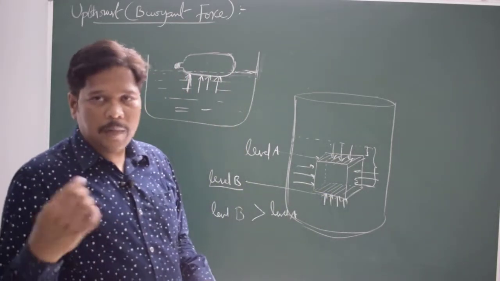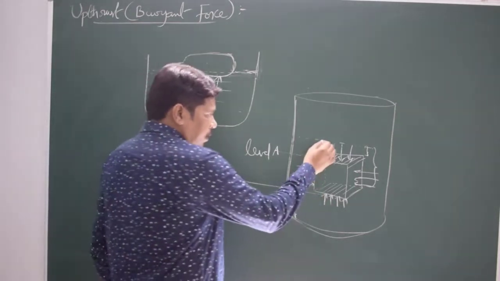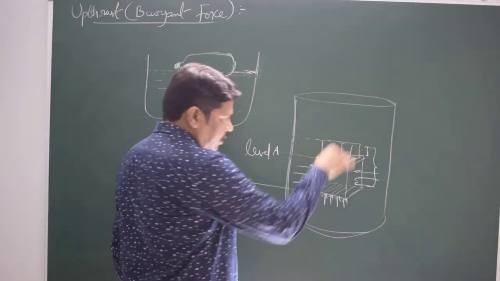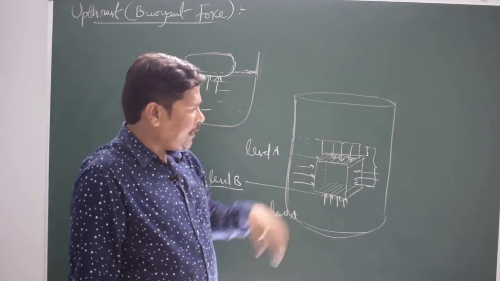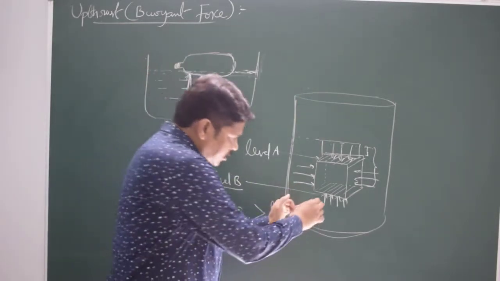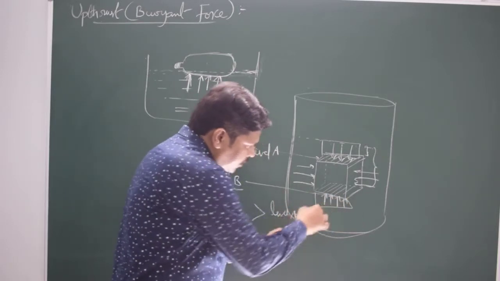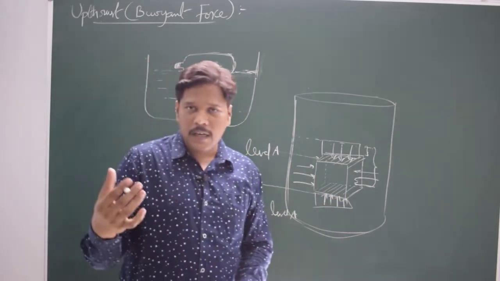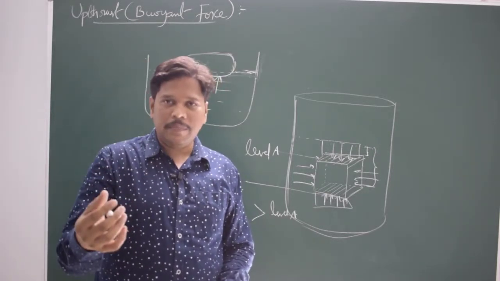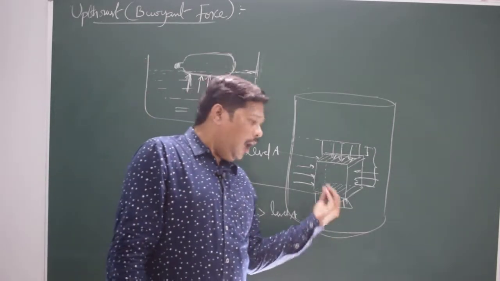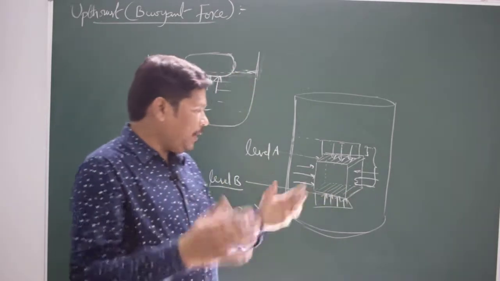The reason for the upthrust is that, because of the weight of the water on top of surface A, there will be a downward pressure or force acting in the downward direction. As we have learned, in liquids pressure increases with depth, and it acts in all directions, not in one particular direction.